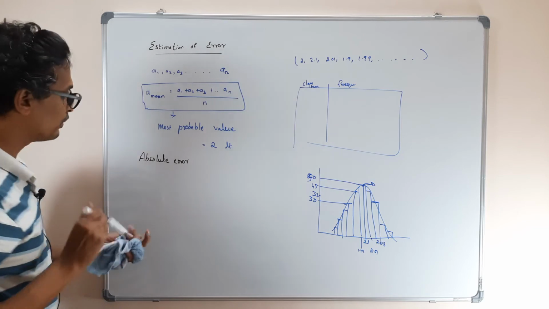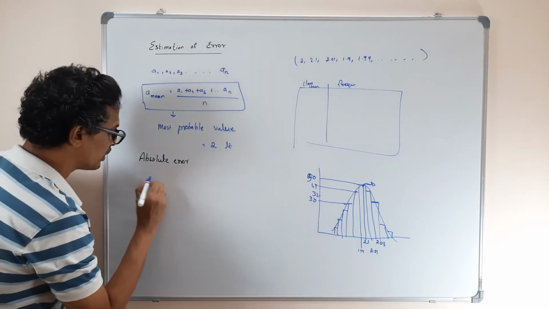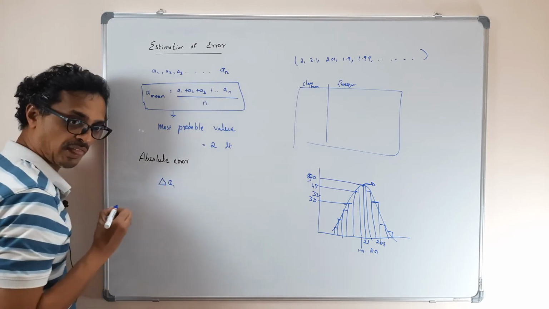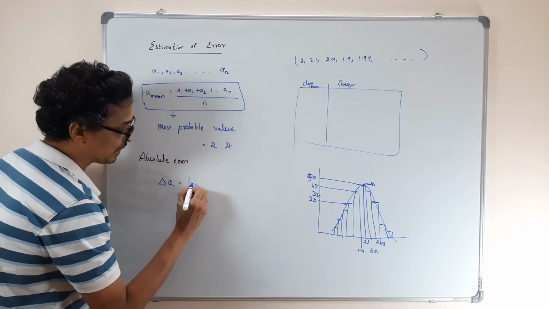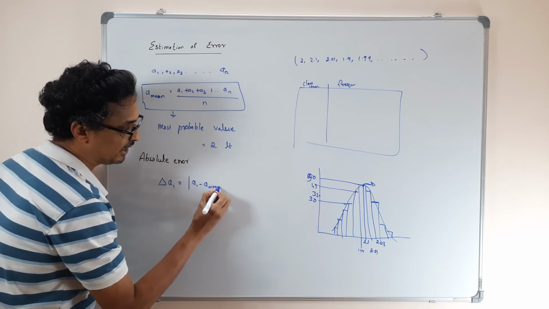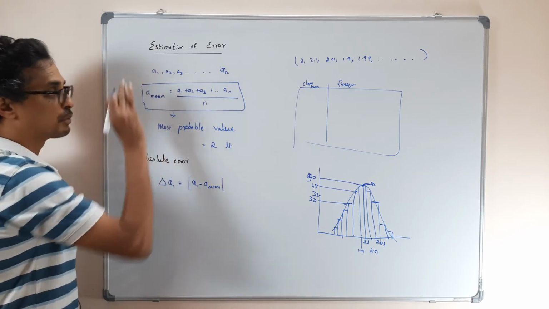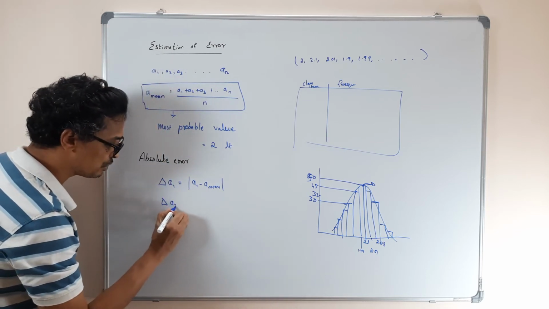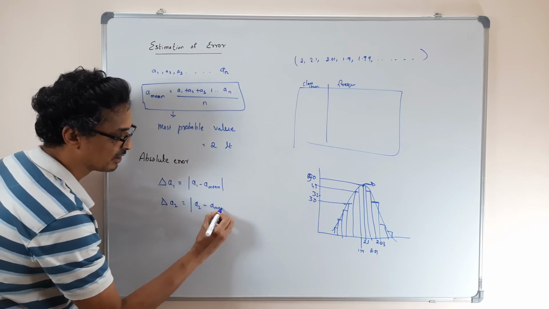So in the case of A1, what will be the absolute error of A1? Tell me. We denote it as delta A1. Delta A1 will be what? I said difference, correct? So that will be A1 minus A mean. Similarly, for the second experiment, delta A2 will be A2 minus A mean.